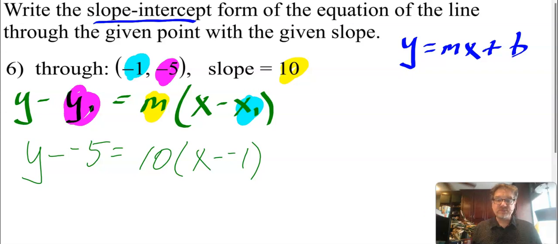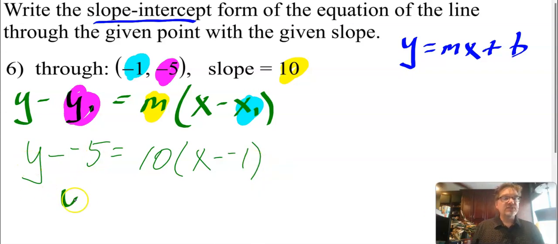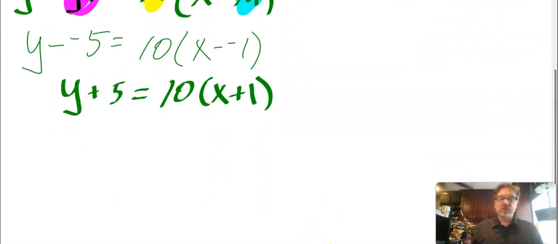I'm going to go back to my fancy pen. I like that fancy calligraphy pen. So y plus 5, minus a negative becomes a plus, equals 10 times x plus 1. I need my answer to say y equals mx plus b. So we're going to distribute into the parentheses.